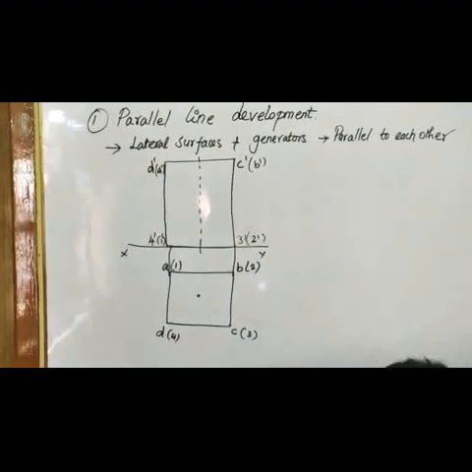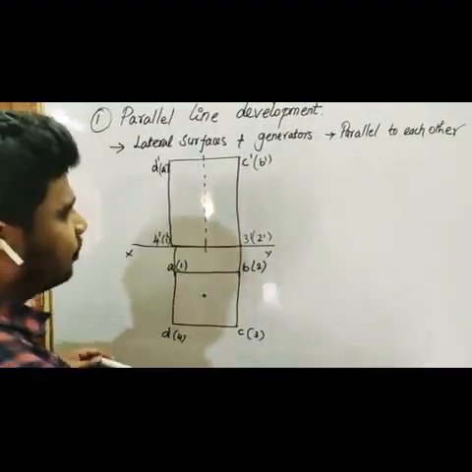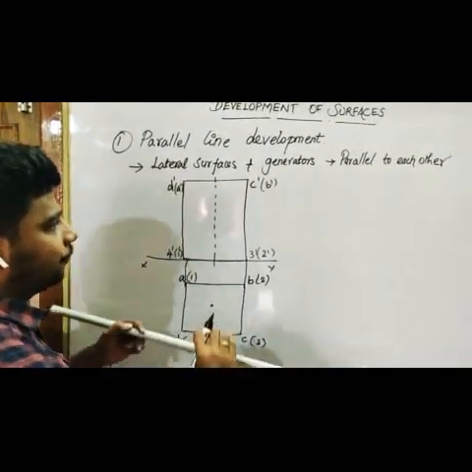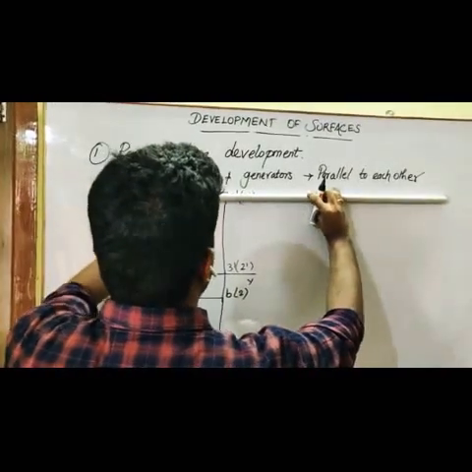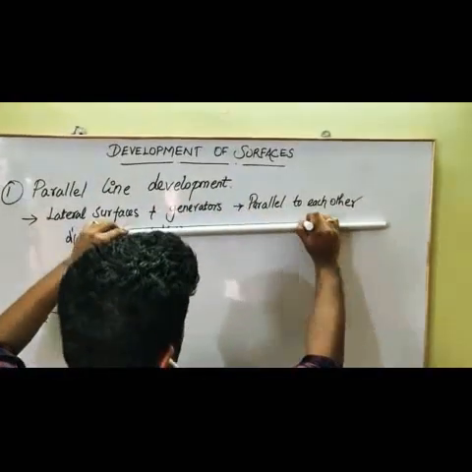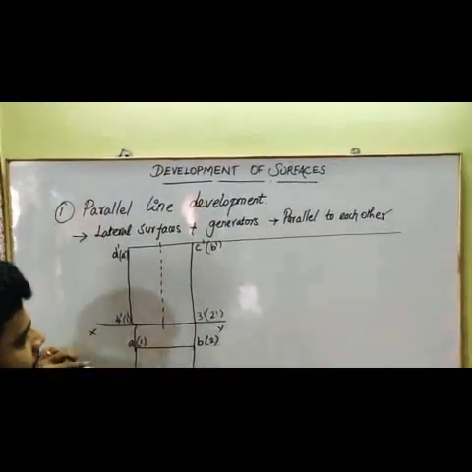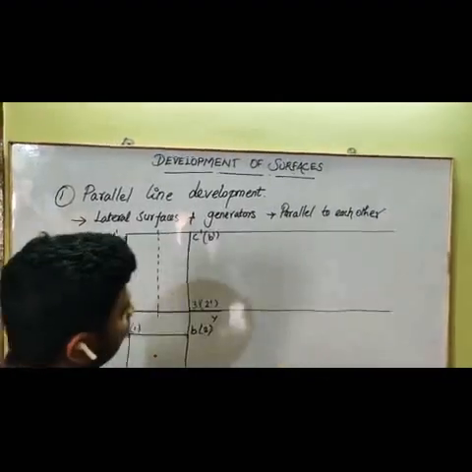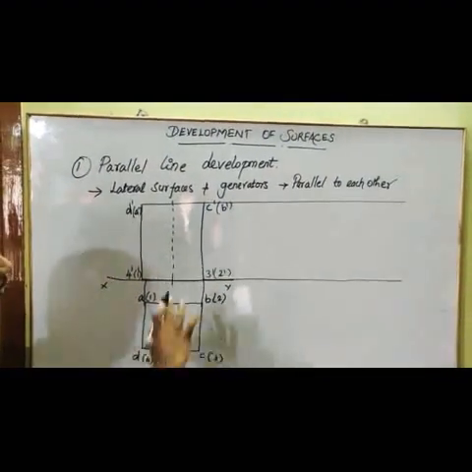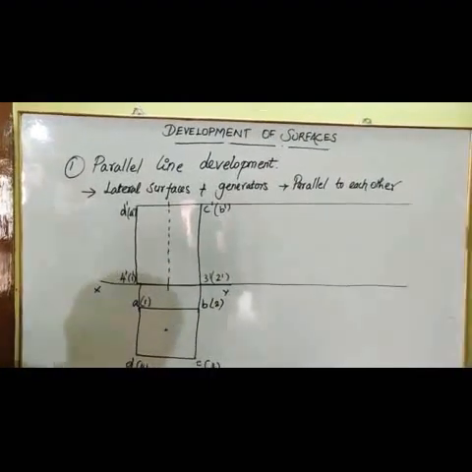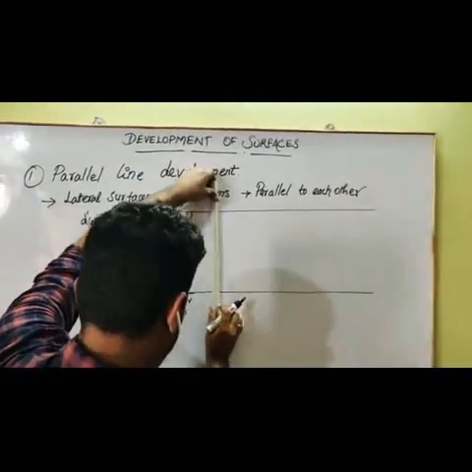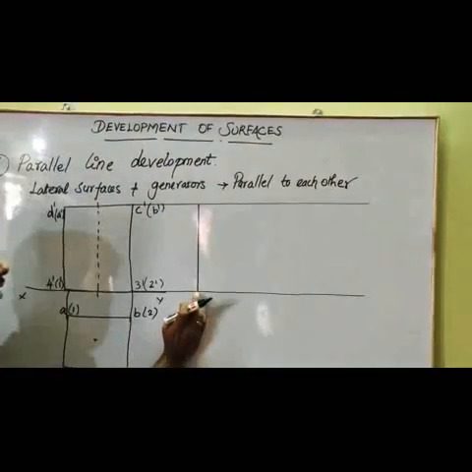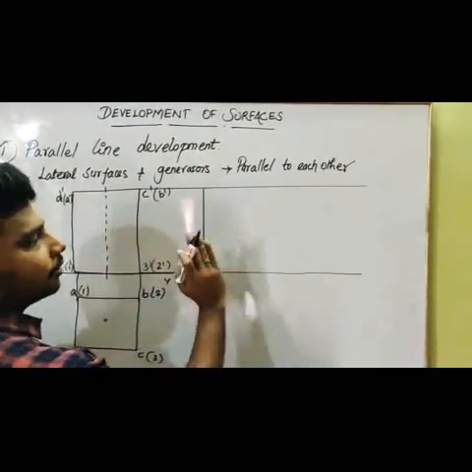Once it is done, you have to draw parallel lines from the top and bottom edges of your front view. So I am going to draw parallel lines for the top and bottom edges of my front view. Once it is done, this is my starting point of the development, so I am going to develop from this side.